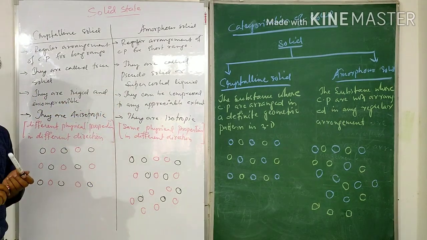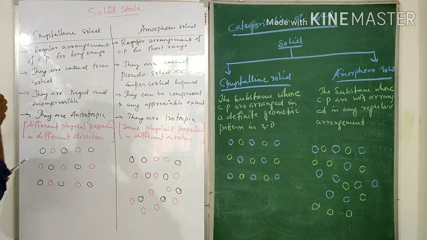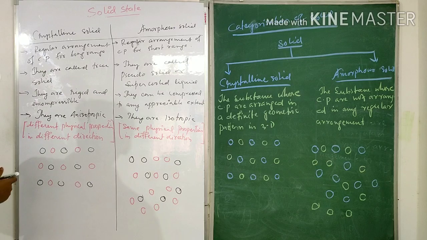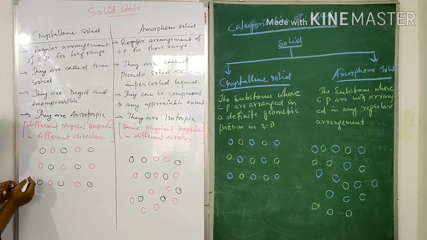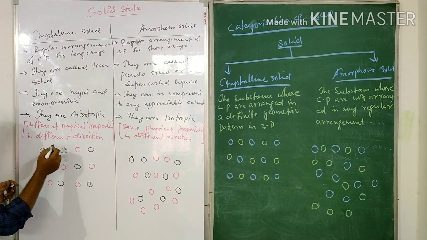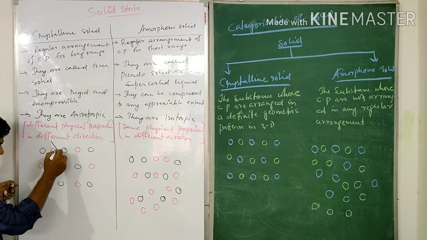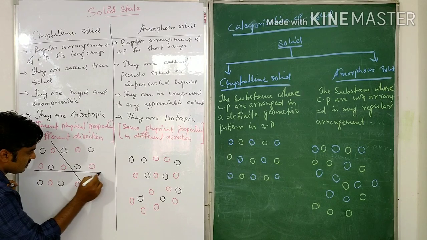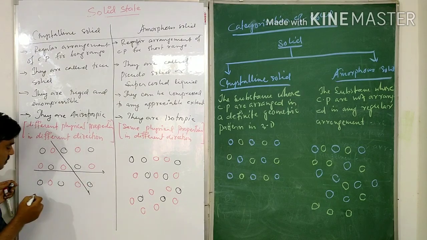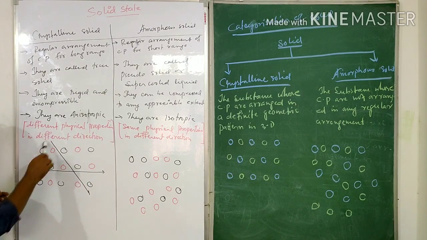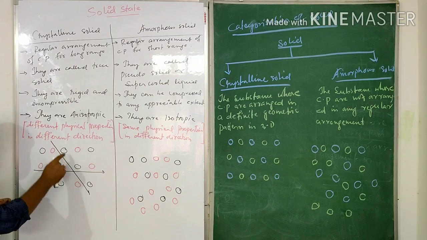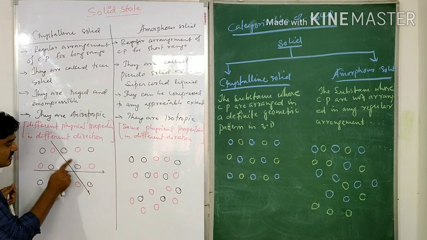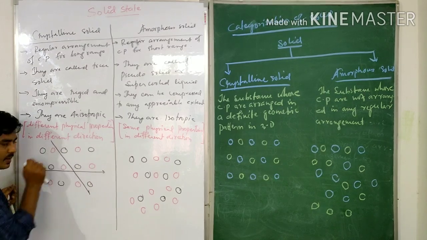Say the physical property is refractive index. If you want to pass rays of light or heat radiation in this direction, in this direction and in this direction, you will find different properties. In this direction, the radiation faces black atoms, which are one type of atom and have the same property.